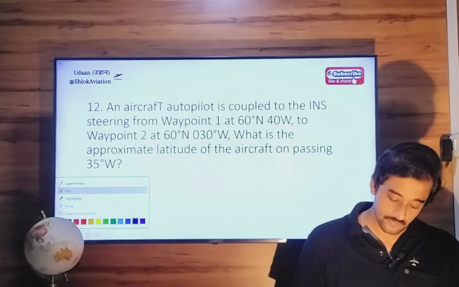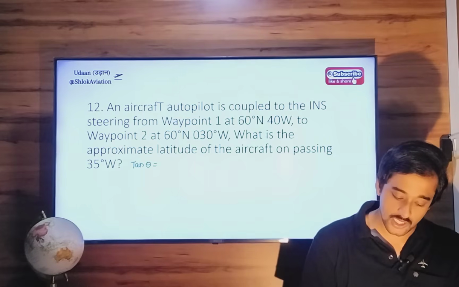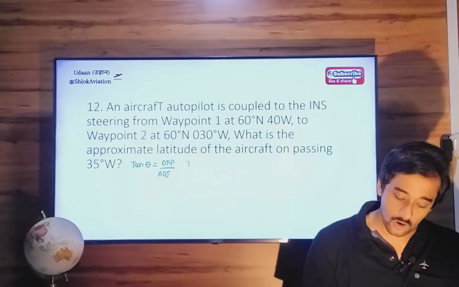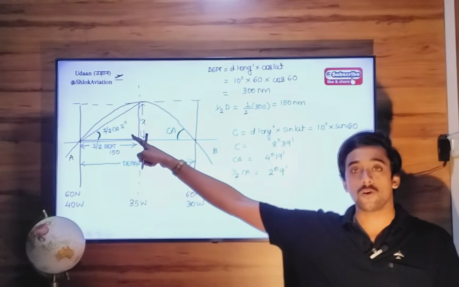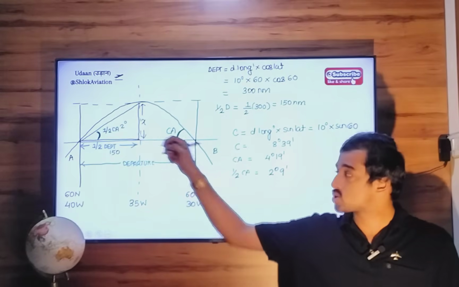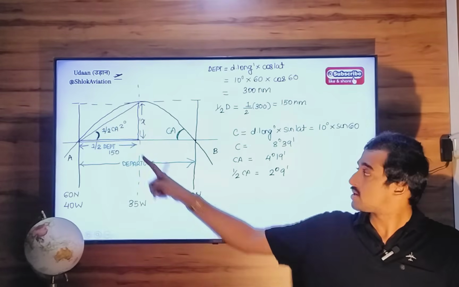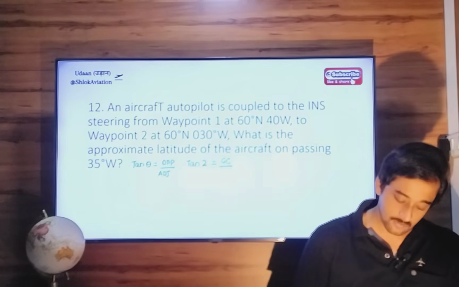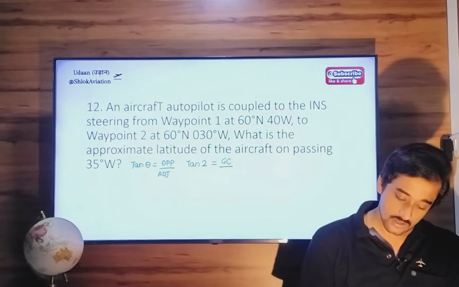next step, tan theta is opposite side upon adjacent side. So tan of theta, here theta is equal to half of the convergency angle, which is 2 degrees. So tan 2 degrees, opposite side. Opposite side is this x, the great circle distance, divided by the adjacent side, which is half of departure, 150 miles.